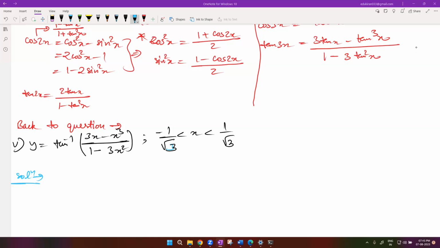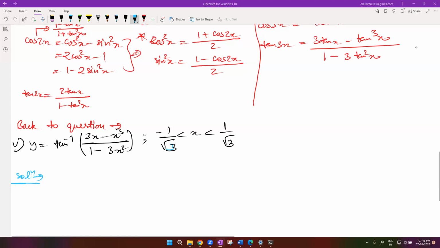But also remember, while you try to equate this with an expression, always check the final expression. If you replace x with tan theta, you get tan 3 theta. Is that helping us reduce the whole expression? Yes, because tan inverse tan 3 theta will be 3 theta.